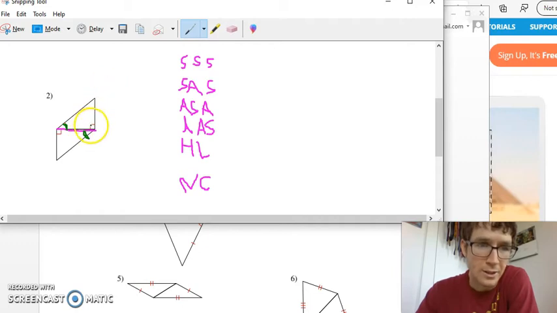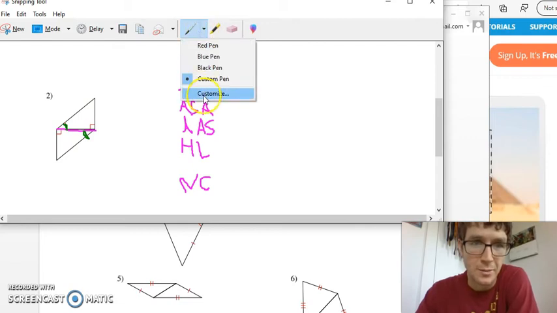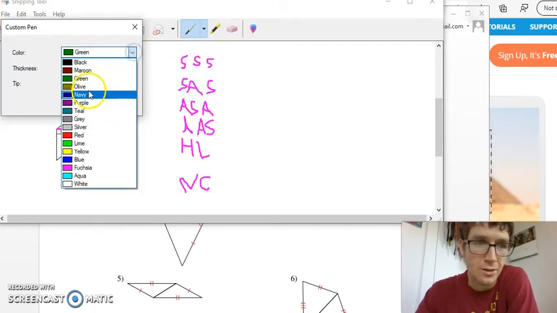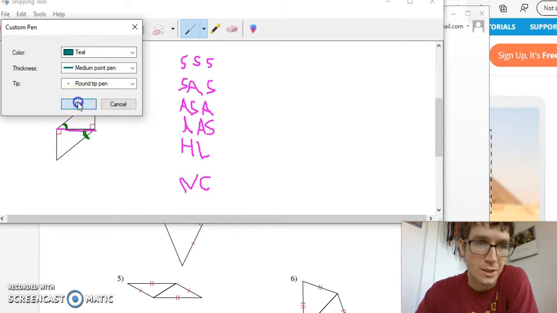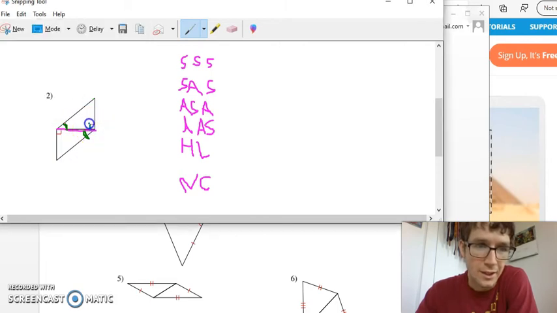And then we have a right angle here, and a right angle here, and a right angle here. That means they're the same degree measure, so we can mark them as the same. So, teal. Alright. So this angle matches this angle.